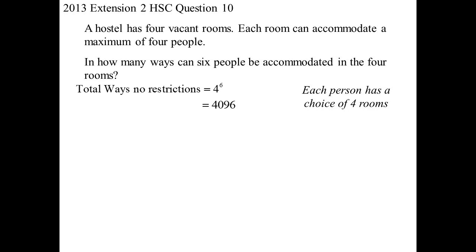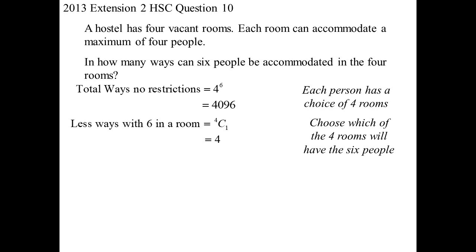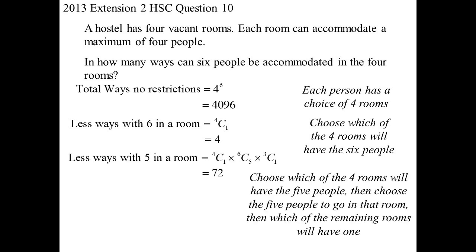But let's take away all the possibilities that there's 6 in a room, because we're not allowed 6 in a room. How many ways are that? Well, the first thing we've got to decide is, which room is going to have 6 people in it? There's 4 rooms, we choose one of them. So there's 4 ways of doing it. But what about if there's 5 in a room? We're not allowed that either.